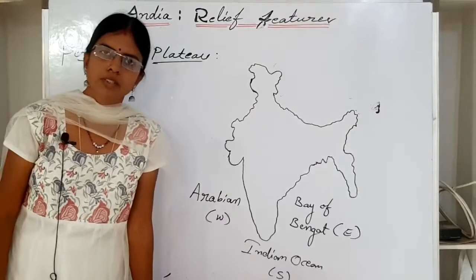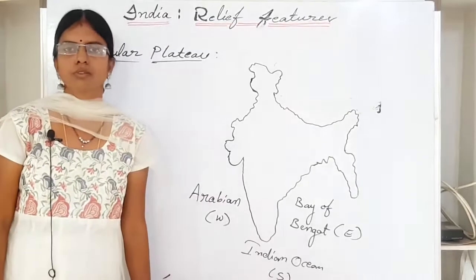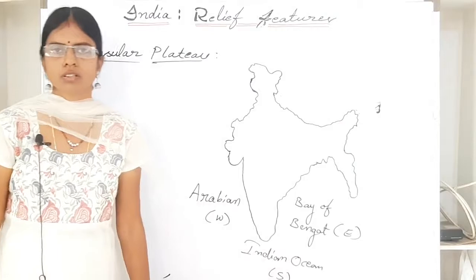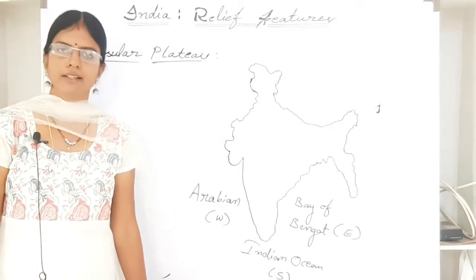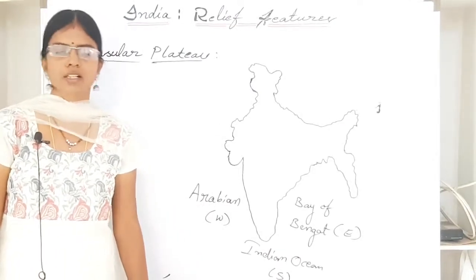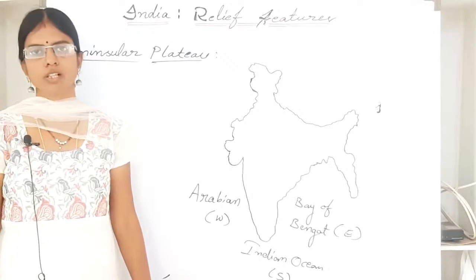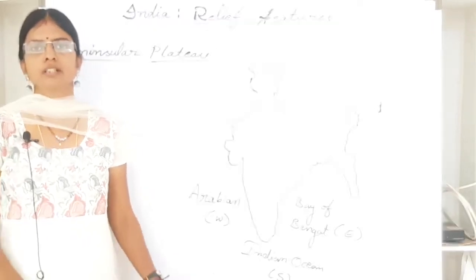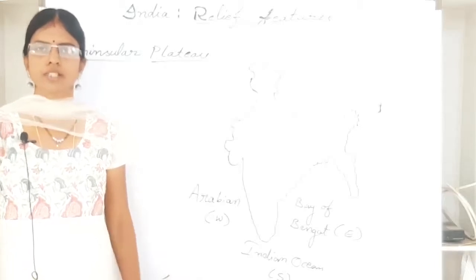Our Indian plateau is mainly composed of old crystalline, hard igneous and metamorphic rock. A large amount of metallic and non-metallic mineral resources can also be found in our Indian plateau. Compared with the Gangetic plain, this region is very dry.